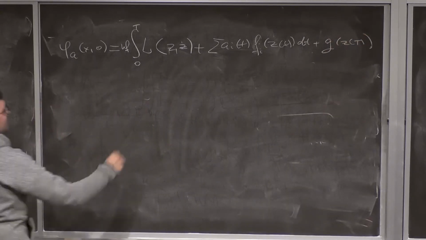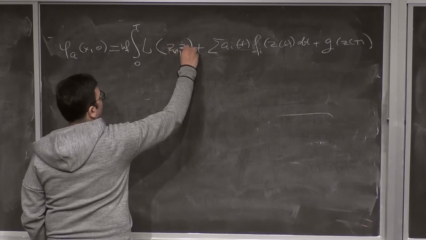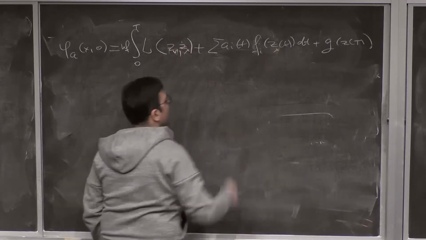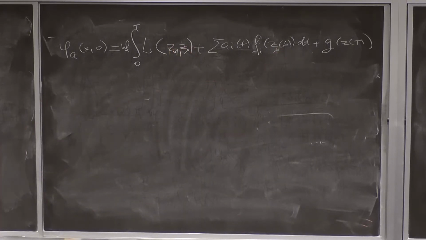So let me denote z_x as the trajectory starting at the point x. So for each point, we have this representation.